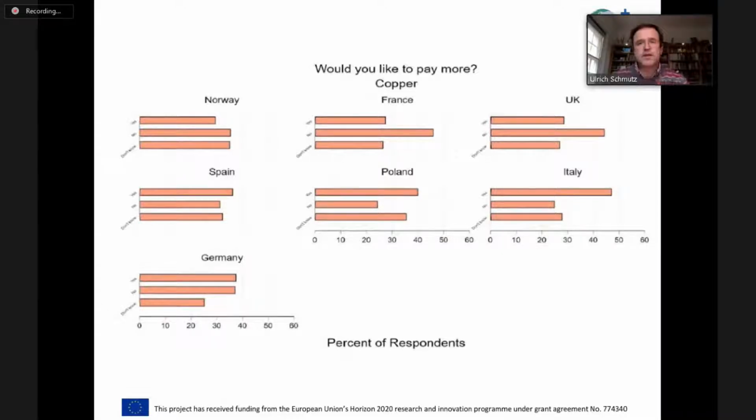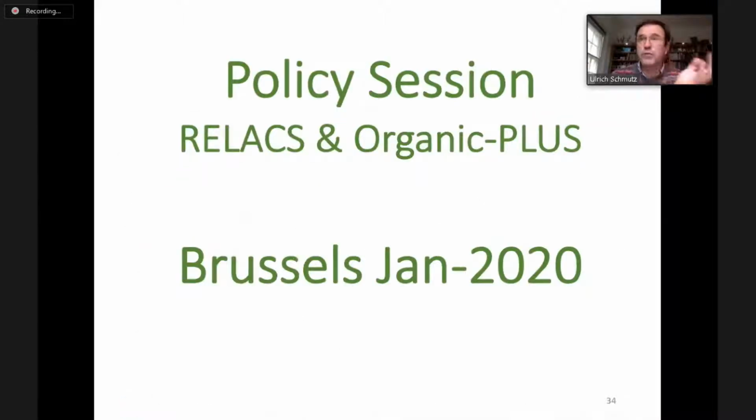But it's still kind of interesting that roughly half of the consumers would want to pay more for it, and they would want to carry that change in organic regulation. So why are we doing this?